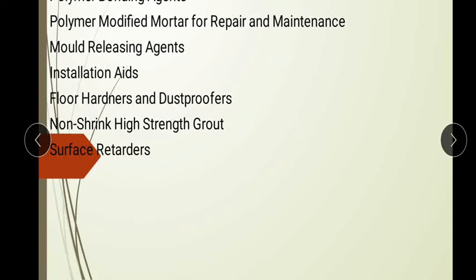Next one, surface retarders. In general we already discussed what is meant by retarder. For surface retarders, some chemicals have also been introduced by some companies. Next one, bond aid for plasticizers.